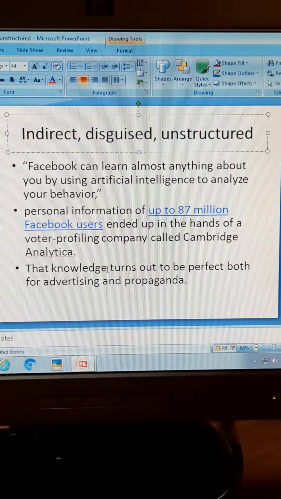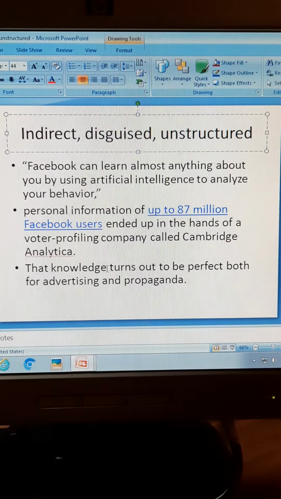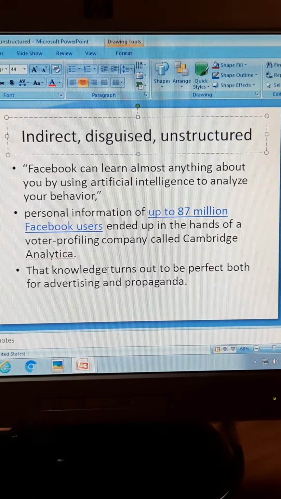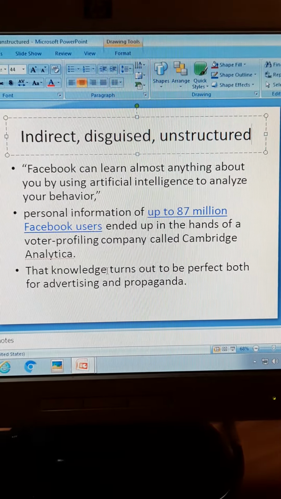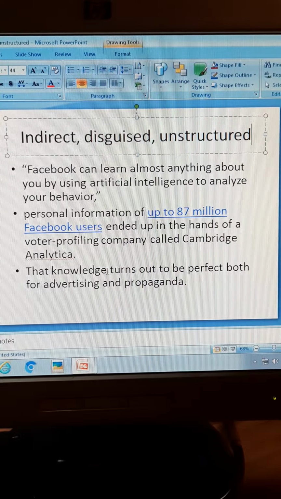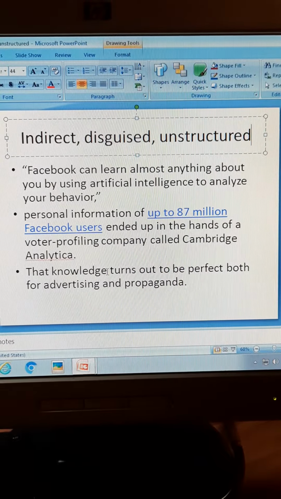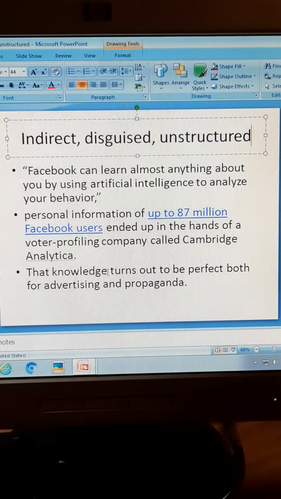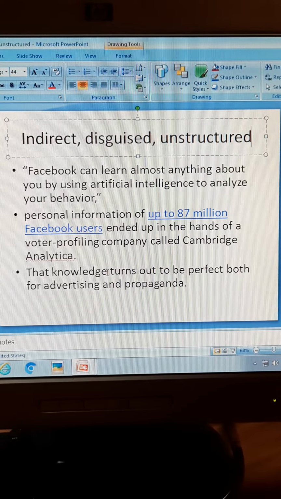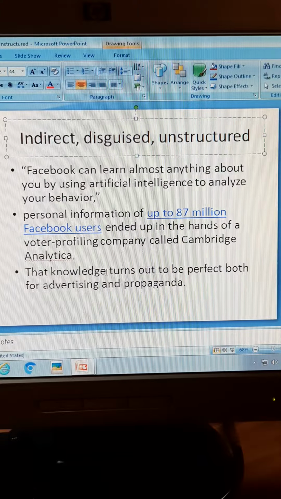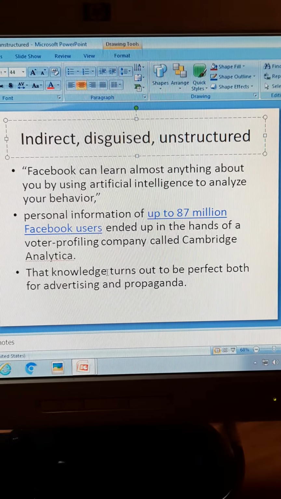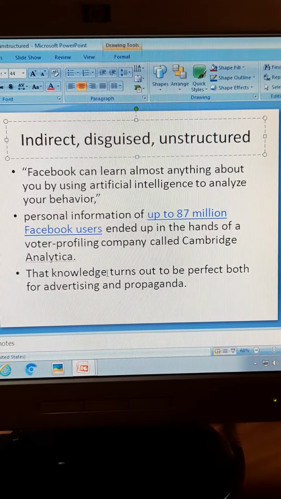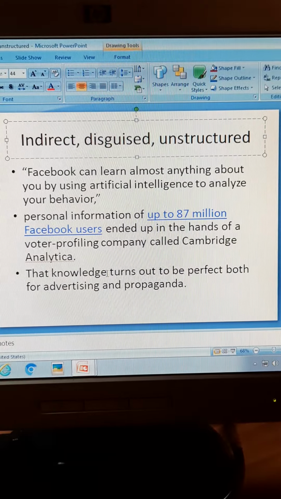So this is today the importance of observation, data collection, data mining. They say that the entire US elections swung because of this data which was sold by Facebook.